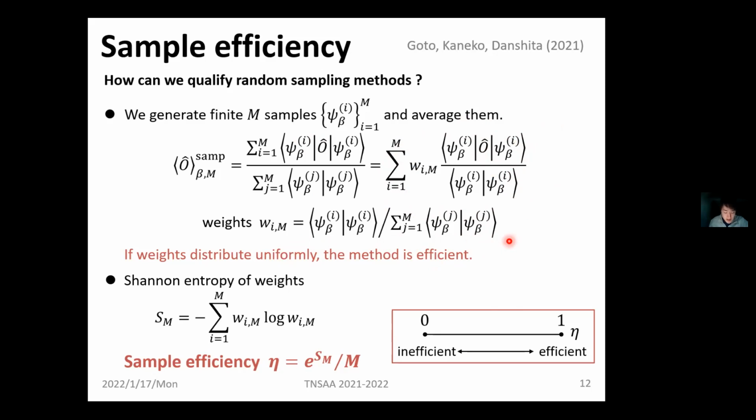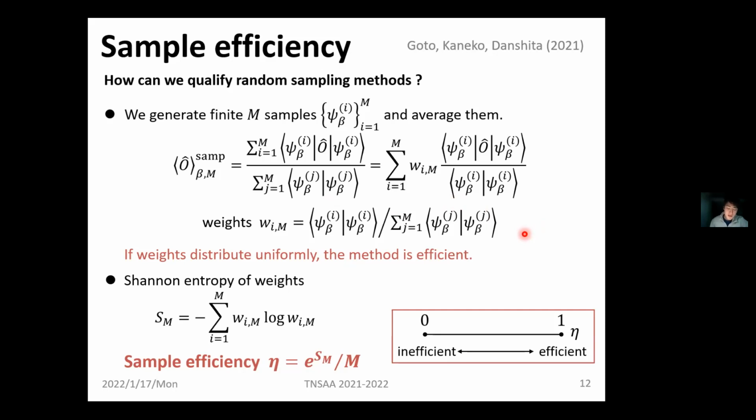If the weight distributes uniformly, expectation values of each sampled state equally contribute to the sample average of physical quantities. So the method becomes efficient. Conversely, if the weight varies over wide ranges, small weight samples do not contribute to the calculation, and the method becomes inefficient.